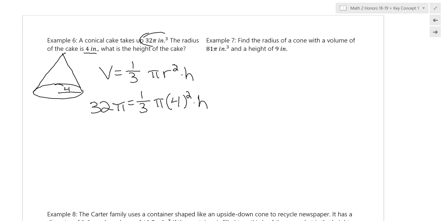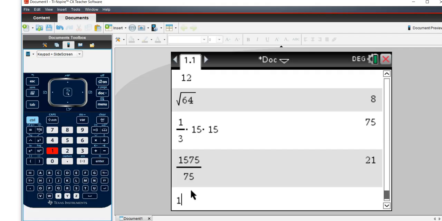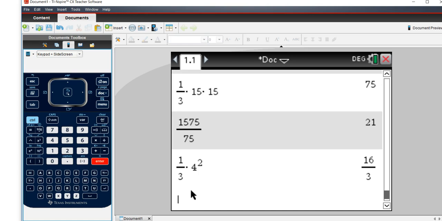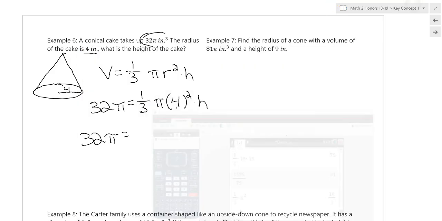I'm going to simplify all of this. 32 pi. So 4 squared times 1/3, or 1/3 times 4 squared is 16/3.